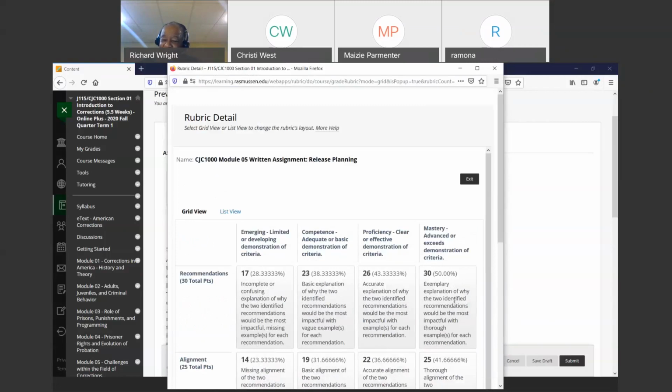To identify, explain why the two identified recommendations would be the most impactful by providing examples. So okay, you'll do the research and determine.